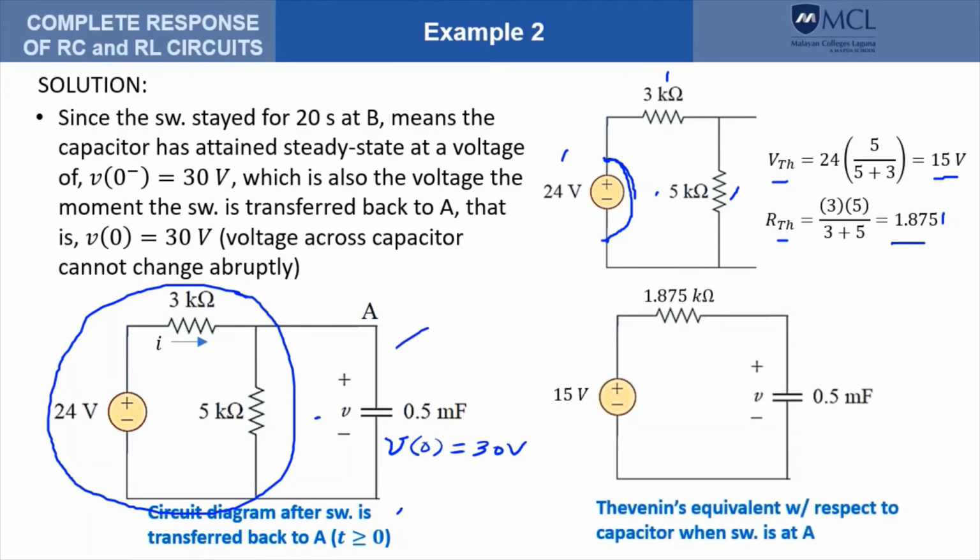Then we can redraw the circuit using this circuit. So the circuit on the left becomes this one. Now, this is a series RC circuit, and we should be able to use the formula that we have derived.